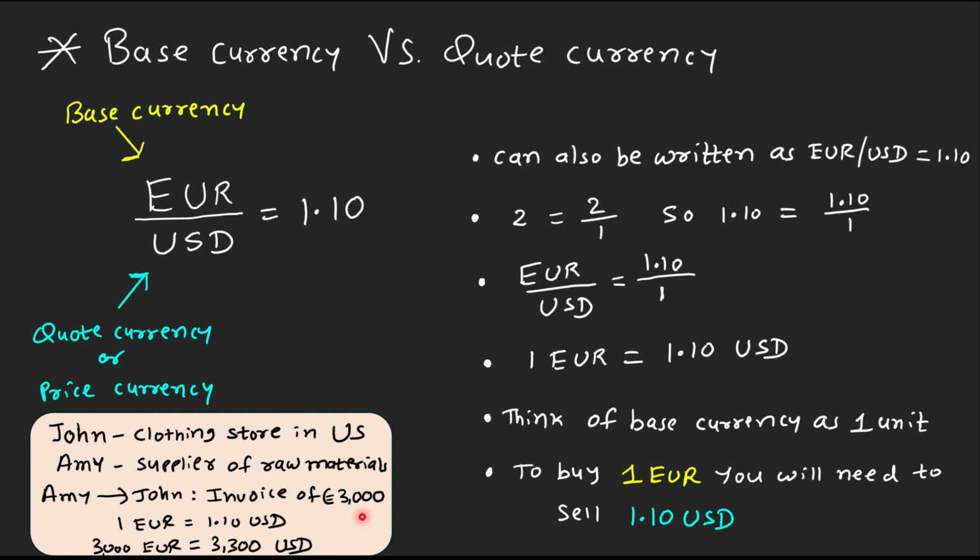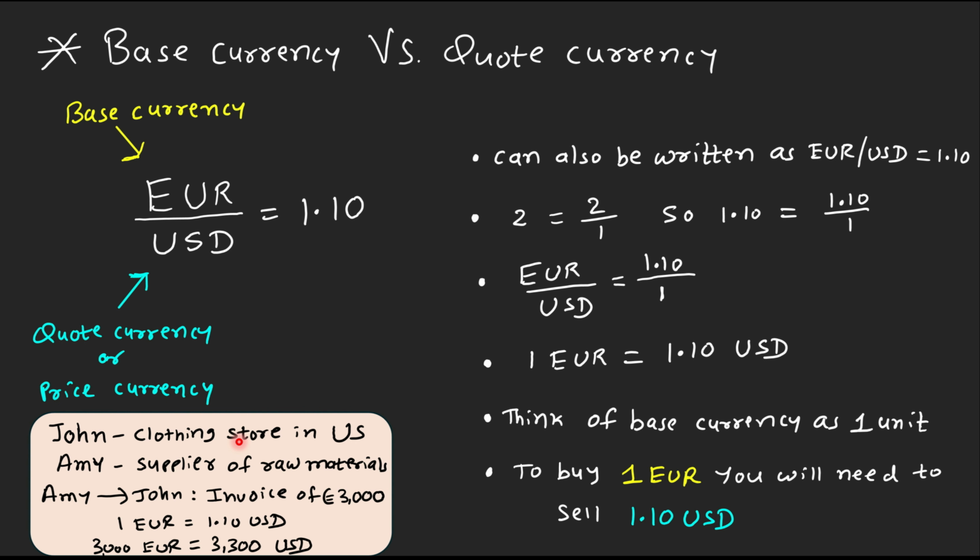They might have a contract where Amy has asked John to send payment in euros. So John goes online and checks what the rates are, and he finds that the current rate between euro and USD is 1.10. So he would need to convert US dollars to euros, right?